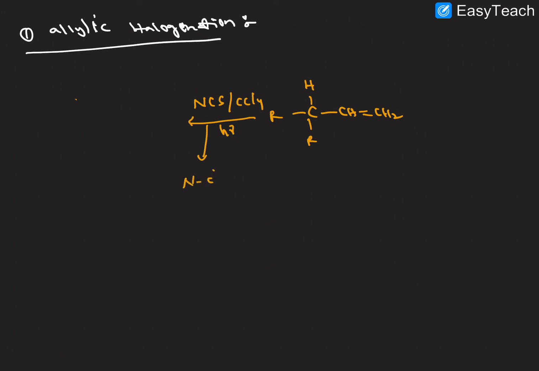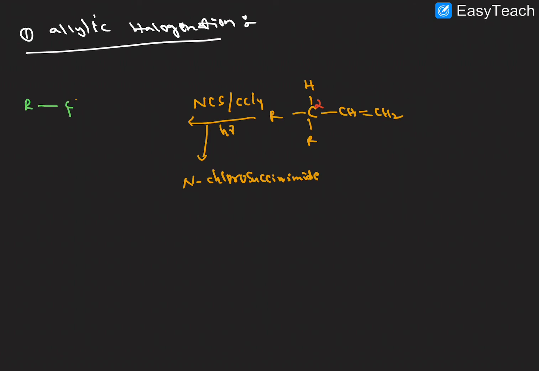What is NCS here? N-chlorosuccinimide. This is the alpha carbon, and halogenation takes place at that alpha carbon. Halogenation is nothing but substitution of hydrogen by the halogen.